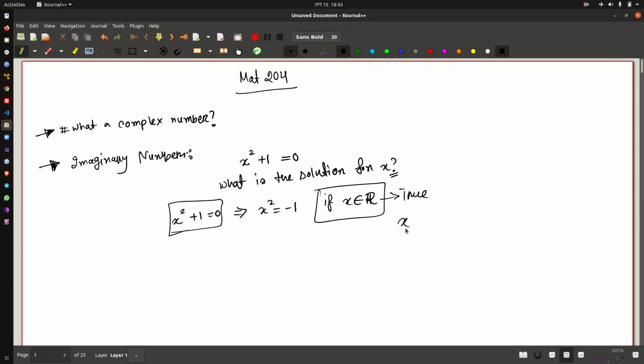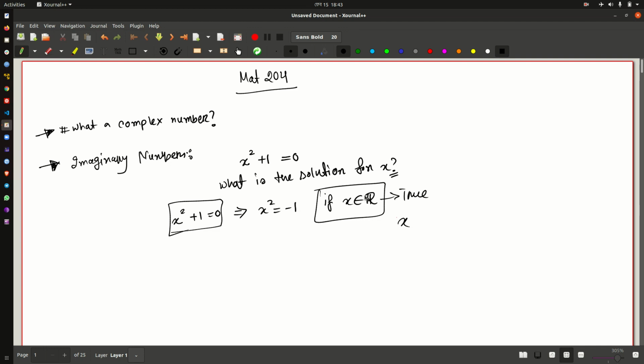That means in the real number domain you cannot find any number that you take the square, then you plus 1, and then it becomes 0. This is not possible. So what if we ease this restriction a little bit? That means this x doesn't have to belong in the real number set, it can be anything. So we are removing this constraint of the real number set.